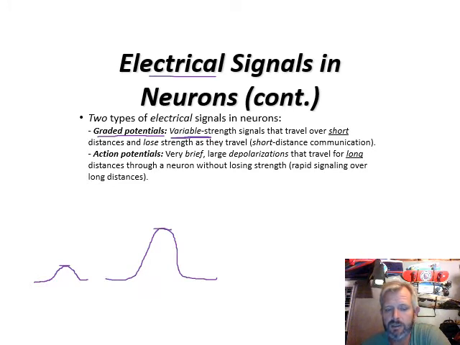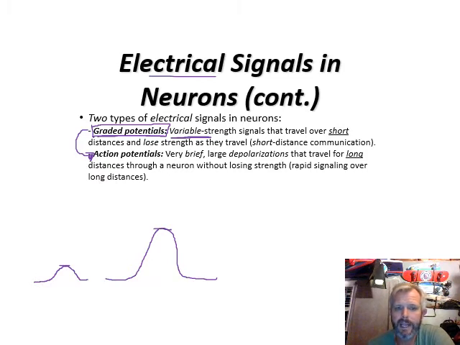We will see they lose strength as they travel across the neuron. The graded potentials happen at the dendrites and at the cell body. If there are enough excitatory graded potentials, they ultimately cue the action potential that takes place down at the axon.